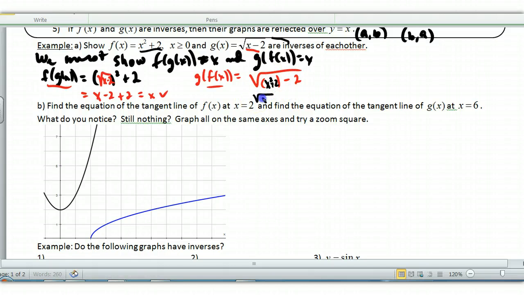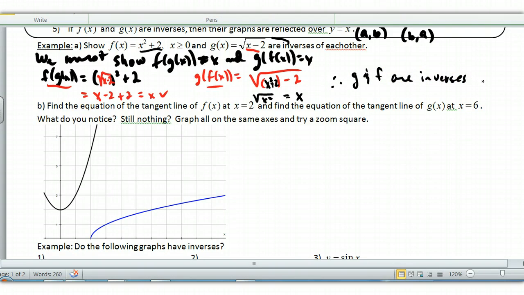So this is equal to the square root of x squared, which is possibly plus or minus x. But I'm going to use x just because we already established that x is greater than 0 for this. So both cases work out. So g and f are inverses.